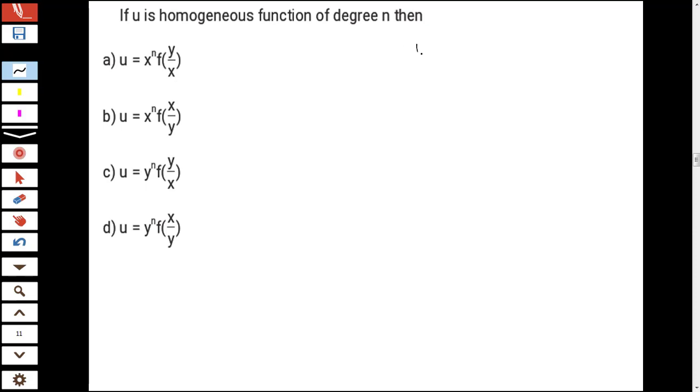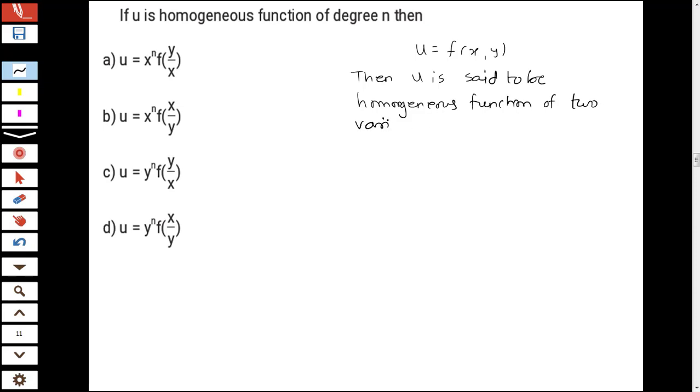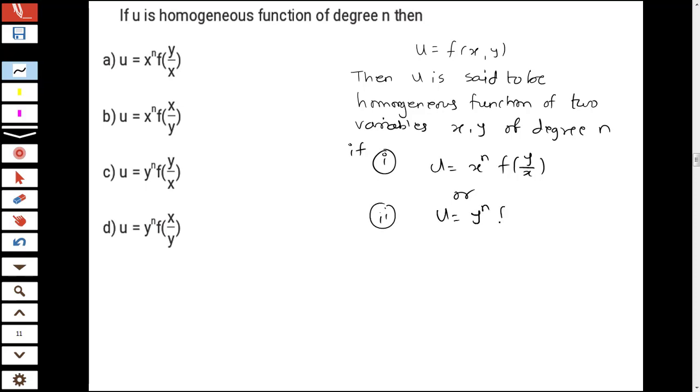If we have suppose u equal to f of x, y, u is in terms of two variables x and y, then u is said to be homogeneous function of two variables x and y of degree n if you can simplify that u as x raised to n into f of y by x, or you can simplify that u as y raised to n into f of x by y, or third, which is very simple, that f of tx, ty simplifies to t raised to n into f of x, y.